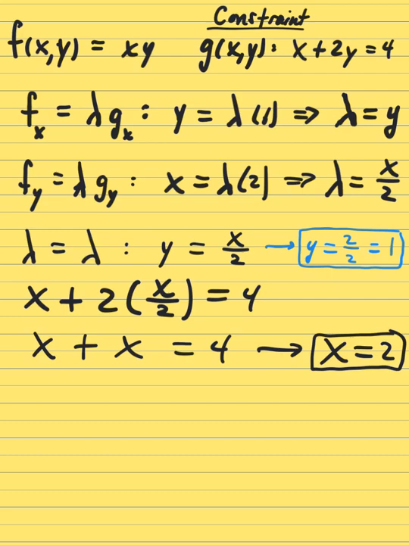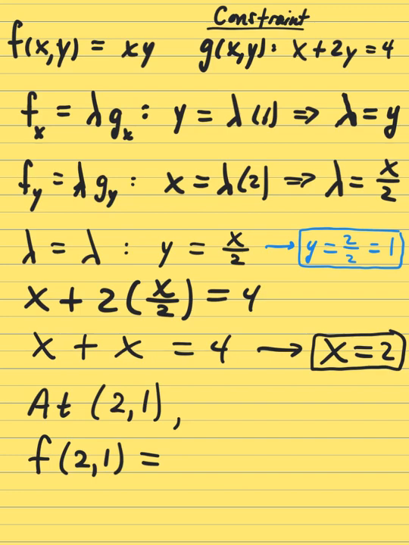And then finally, since we now have the point 2, 1, we're going to calculate f of that point. Go right to the very top left of the page. f of x y is equal to x times y, so that puts us at 2 times 1 equals 2. So our value is 2 at the point 2, 1.